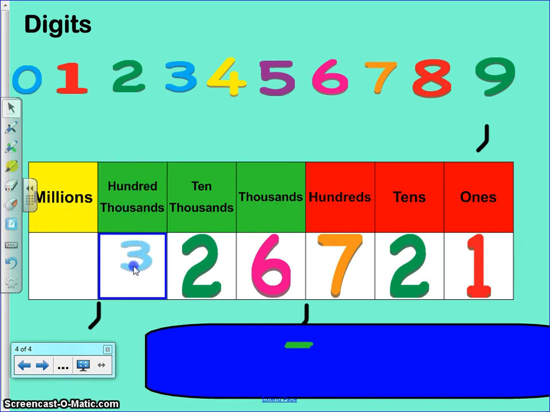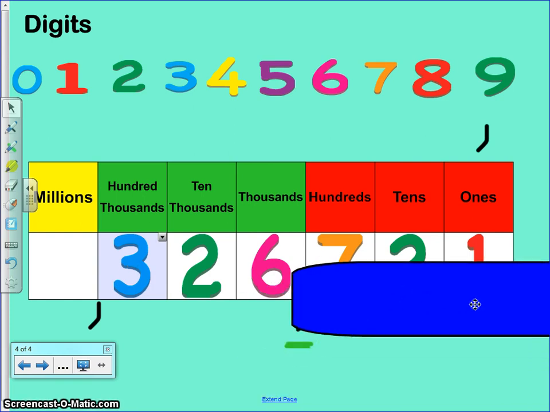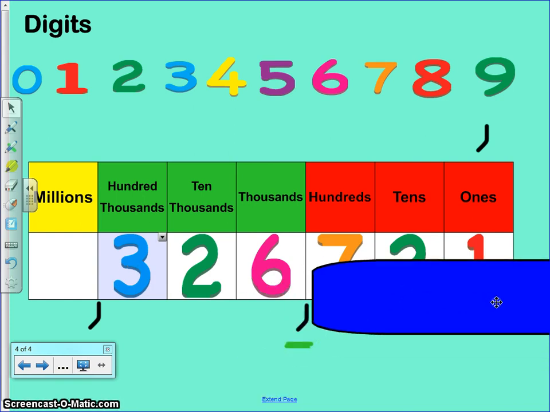Okay, I can even go all the way up and put this in. Let's see if I add a 3 into the hundred thousands. The same thing applies. I go over here, I cover up my 721. I look at these three digits, the 326. I say the number just like it's any three-digit number. 326.